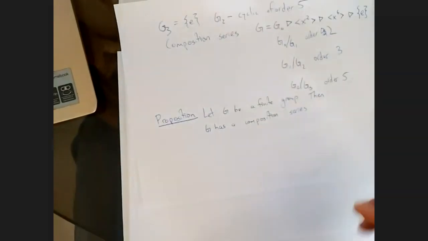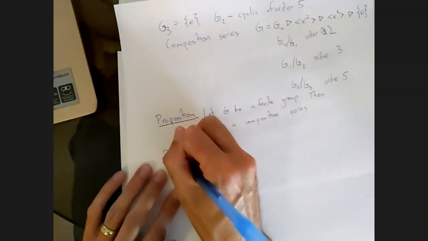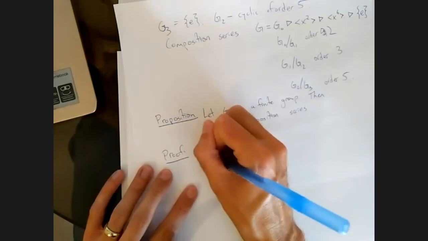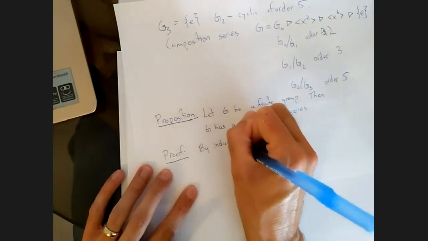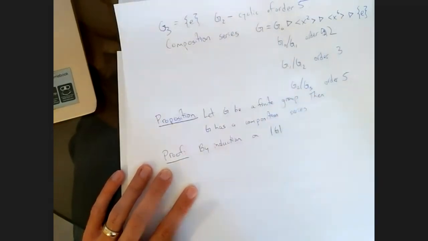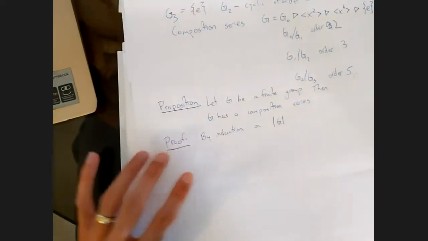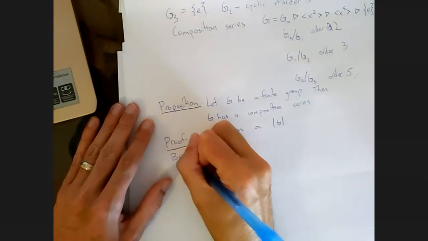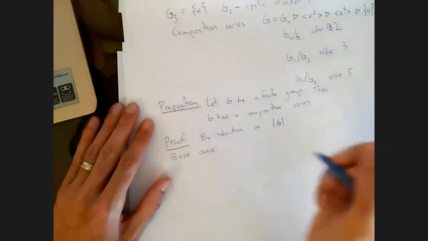So the proof is by induction on the order of G. To be clear, the base case is when the order of G is 1.